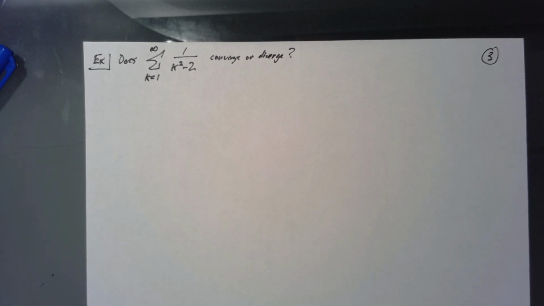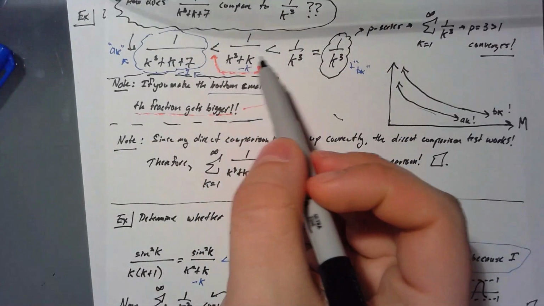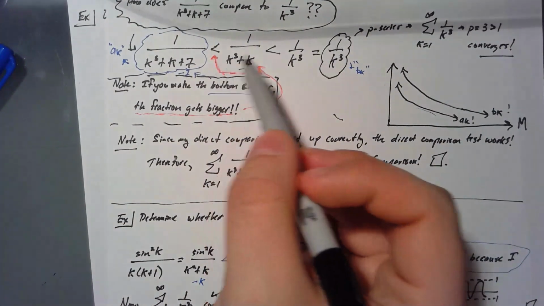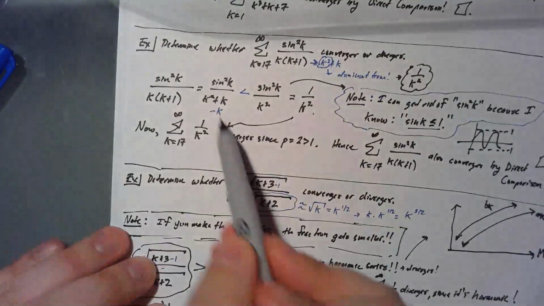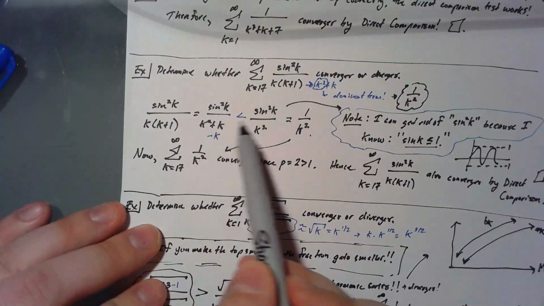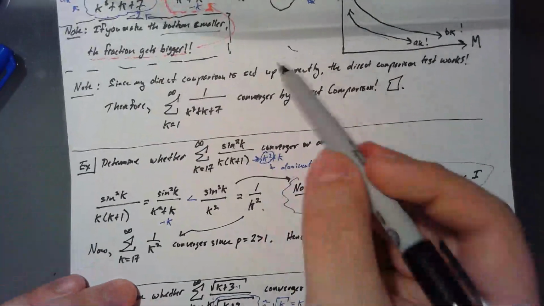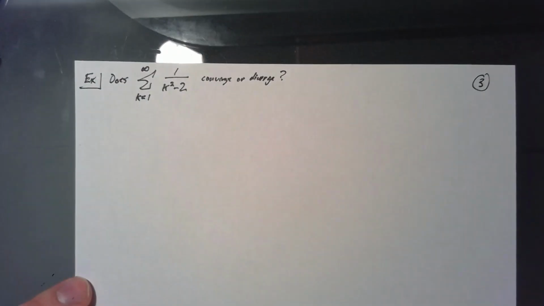So like I said, if the inequalities we created go the wrong way, or if they're not set up correctly... in this case, the inequality went the right way. In this case, direct comparison will work. But in some cases, the inequality will not work. This example will illustrate that.